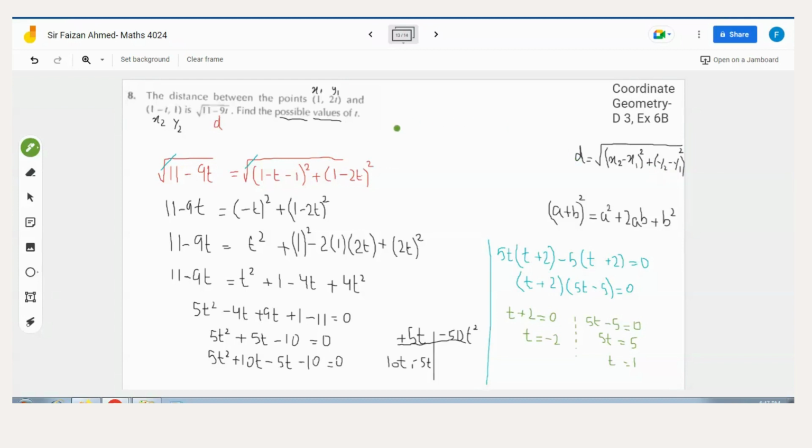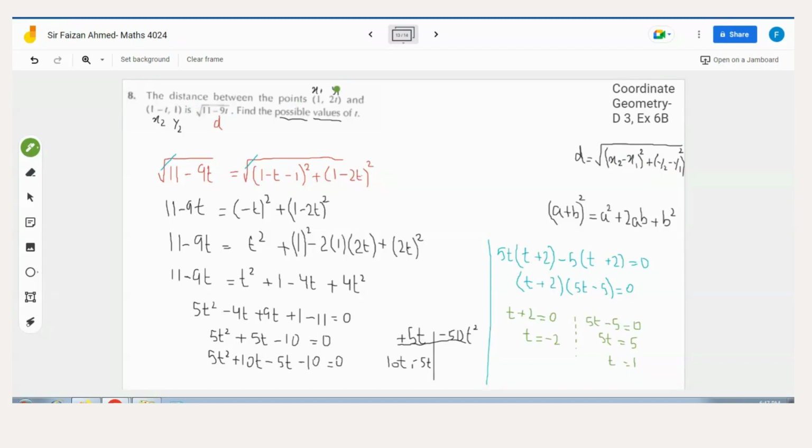So we know the values of x1, x2, y1 and y2. The distance is also given to us, so let's plug in the values. Distance equals square root of 11 minus 9t, so this is the value of distance, equals square root. What is the value of x2? First comes x2, so the value of x2 is 1 minus t, so I just wrote 1 minus t. Then comes the negative sign of the formula, so I'm writing minus, and then I have to check the value of x1.